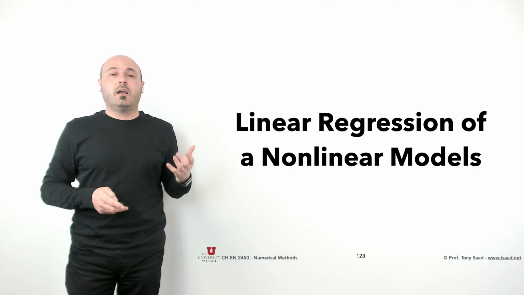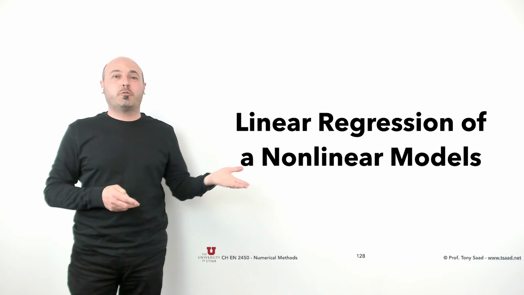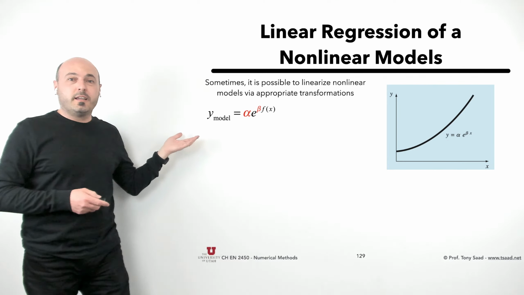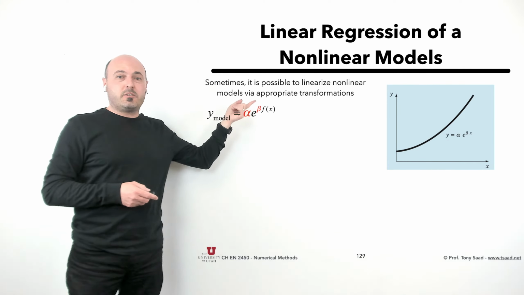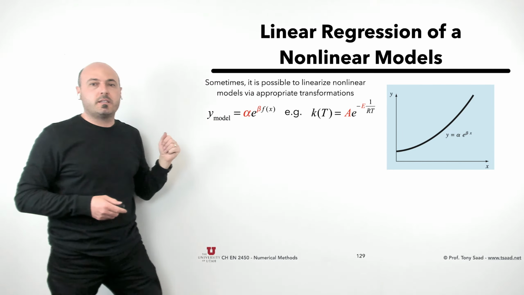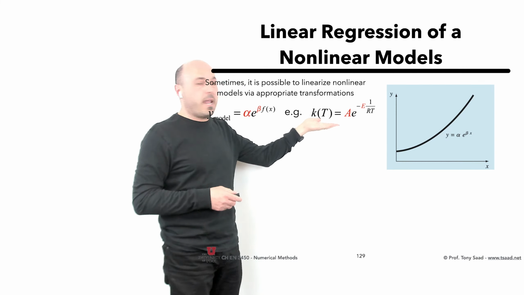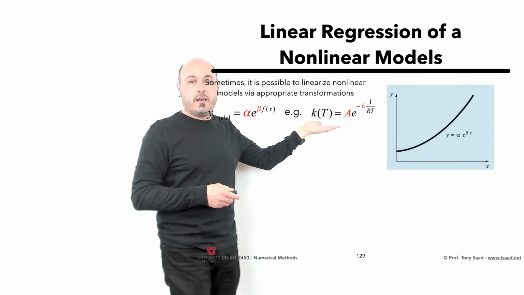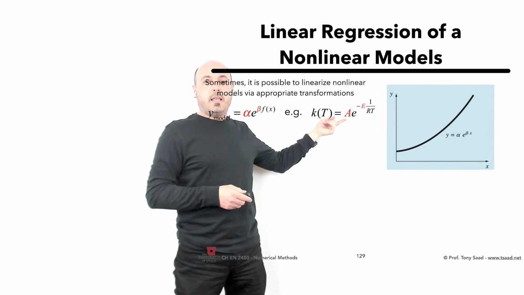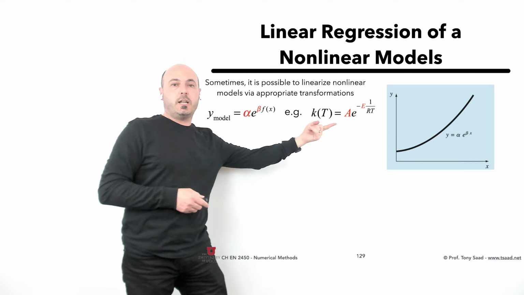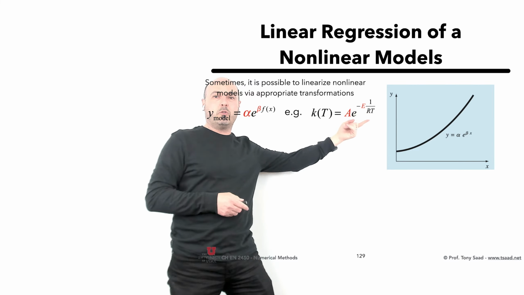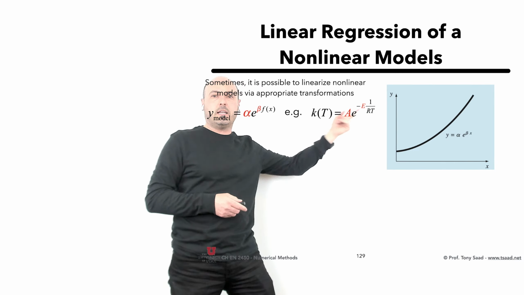The classic transformation of a nonlinear model is of the form alpha e to the beta f of x. A classic example of this is the reaction rate constant in kinetics, k of T, a function of the temperature, which is equal to a coefficient A called the pre-exponential factor times e to the minus some activation energy E times 1 over RT, that's gas constant and temperature.